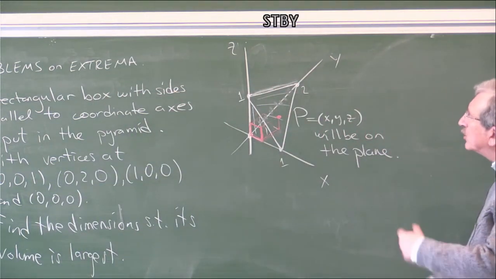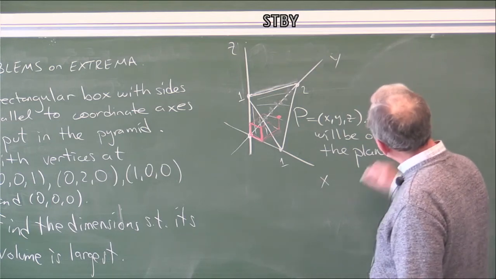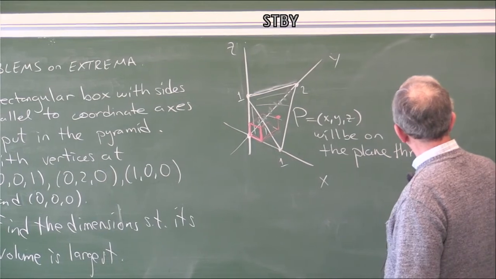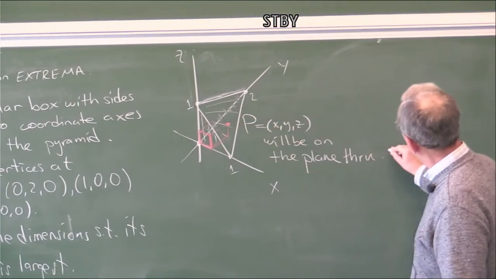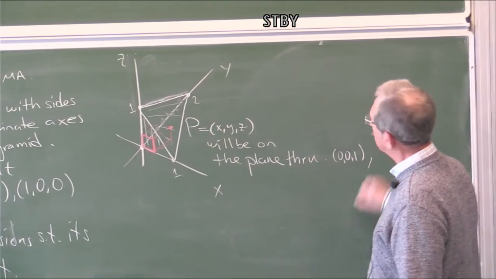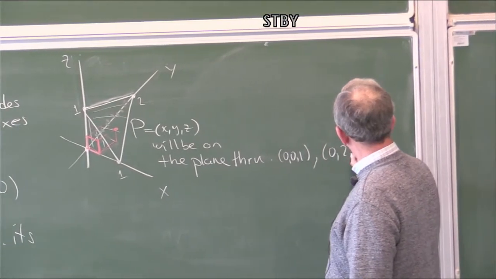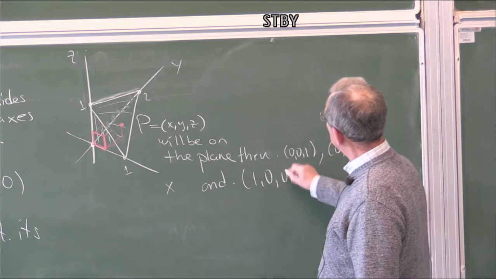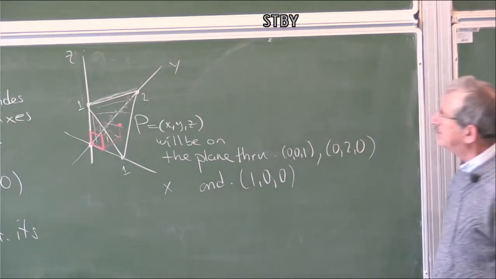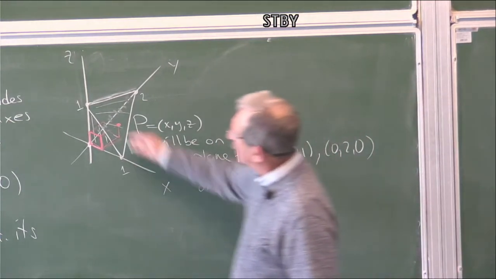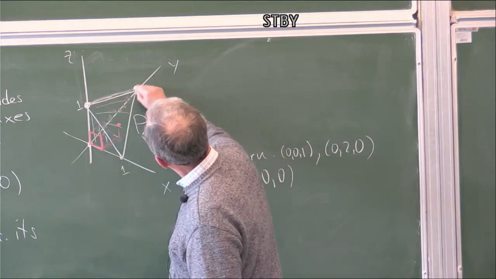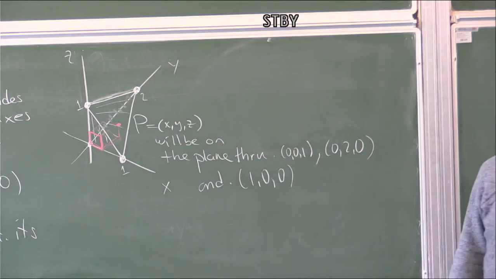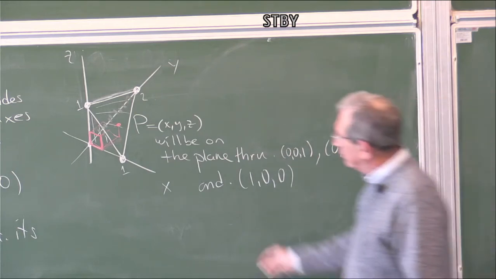Well, what is the equation of this plane? This plane is passing through the points (0, 0, 1), (0, 2, 0), and (1, 0, 0). Namely, it's the plane at the top passing through these 3 points. We can find its equation.